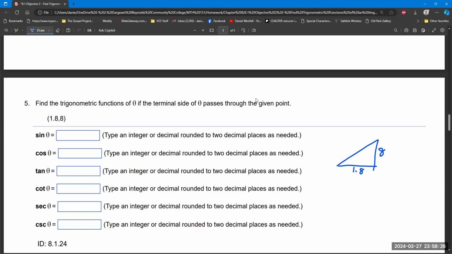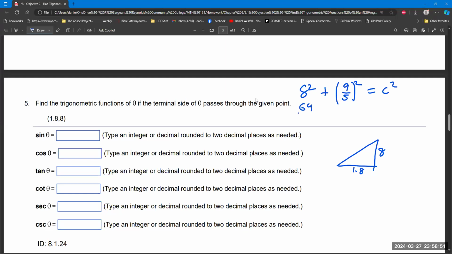This is 4 and 9/10. So 8 squared plus 9/5 squared is equal to c squared.